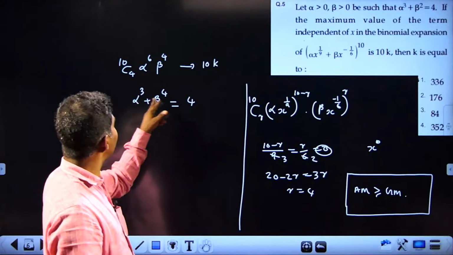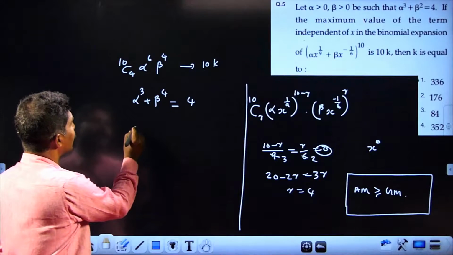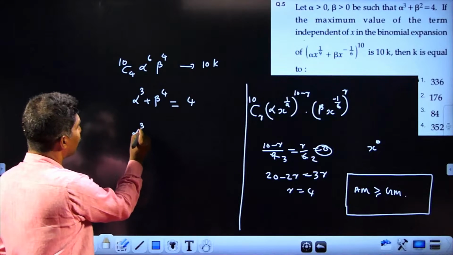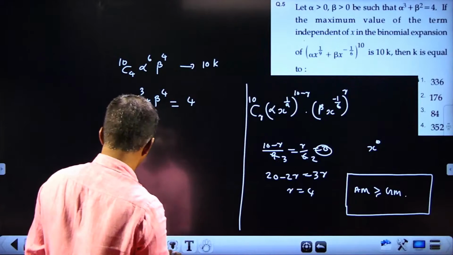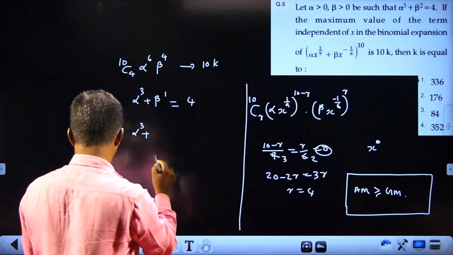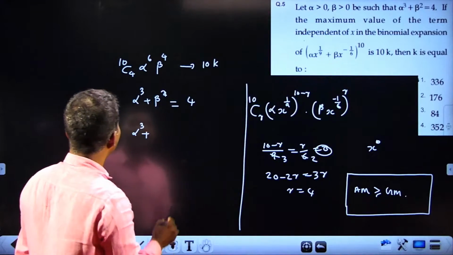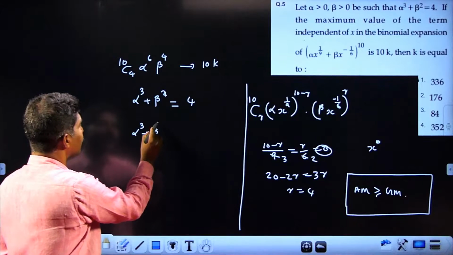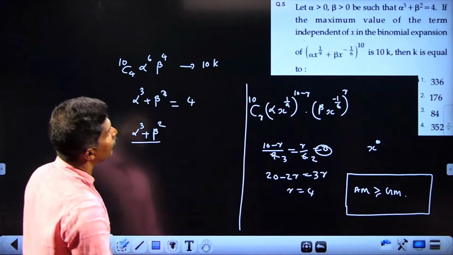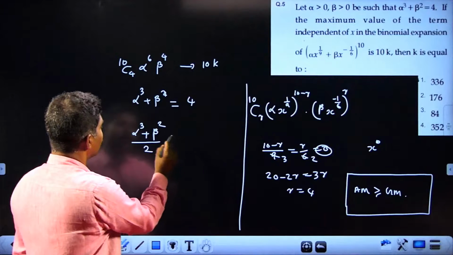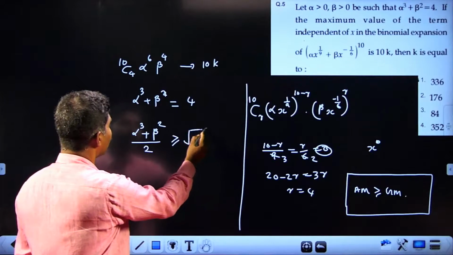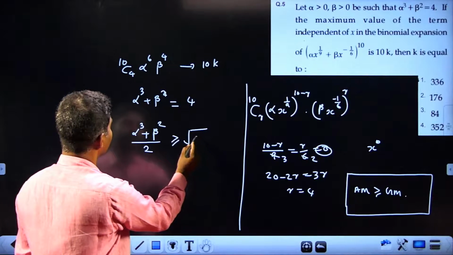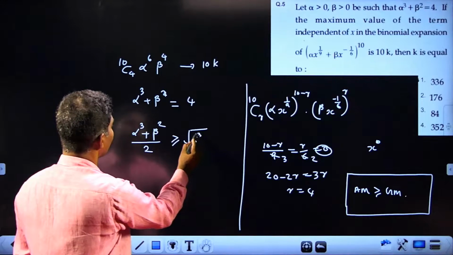These are the two numbers. So we can say that alpha cube plus beta square, it is beta square given, okay, sorry. Alpha cube plus beta square divided by 2 is greater than or equal to root of alpha cube into beta square.